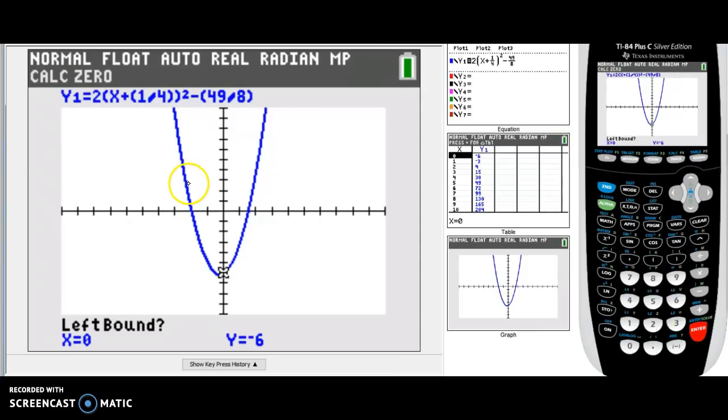Notice here how it asks you for its left bound. You're going to scroll over until you get just above the graph. Enter. Then it's going to ask you for a right bound. You're going to go just below this intercept and press enter. And then you're going to just kind of guess and press enter again. Here's one of my values at -2, 0.